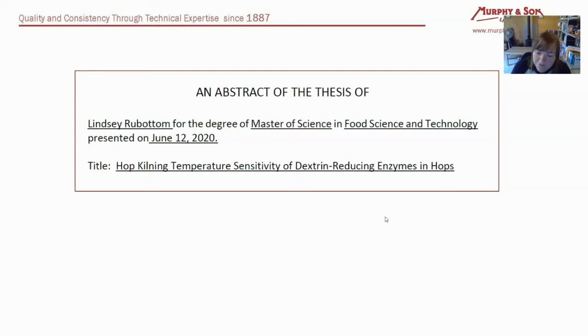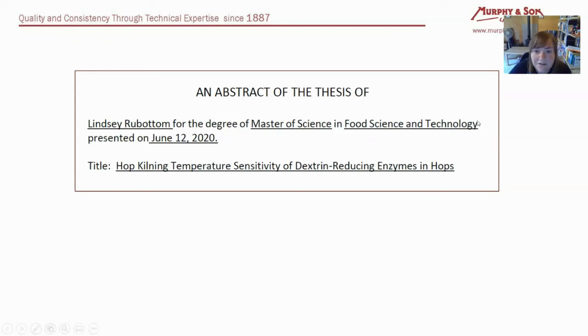So the results of this work provide compelling evidence that the dextrin reducing enzymes in hops are temperature sensitive. Hop varieties, when they're kilned, the temperature had a significant effect on hop enzyme activity, and kilning hops at higher temperatures reduces hop enzymatic power, which in turn decreases their ability to break down residual dextrins during dry hopping and thus reduces the effects of hop creep.